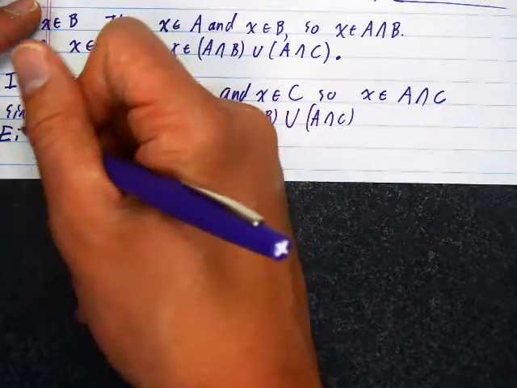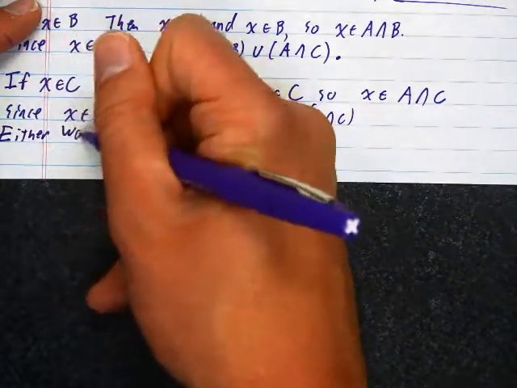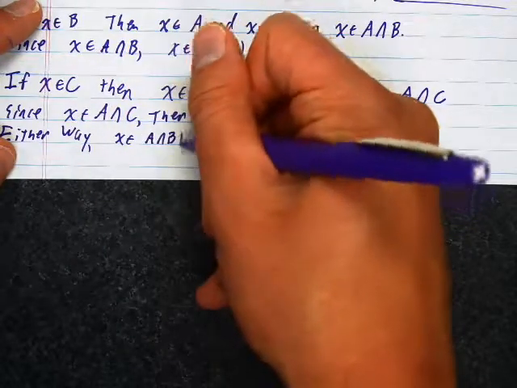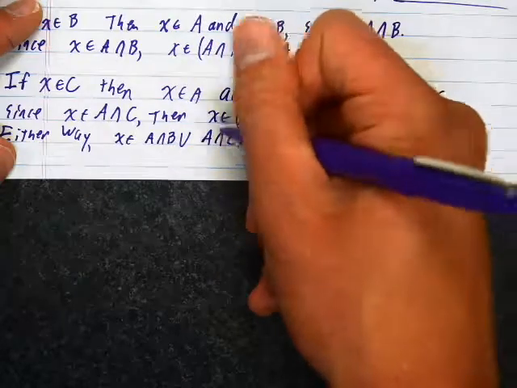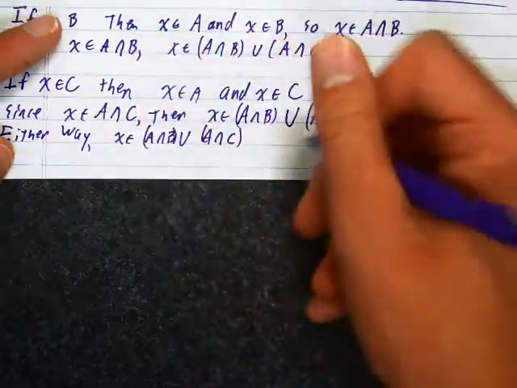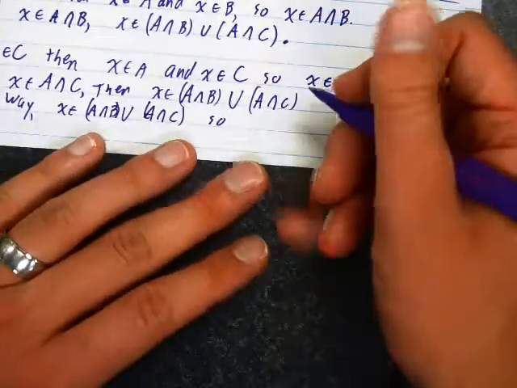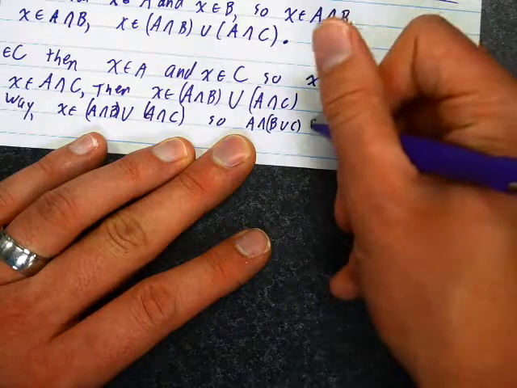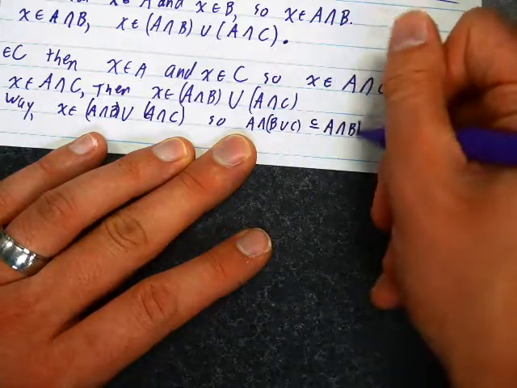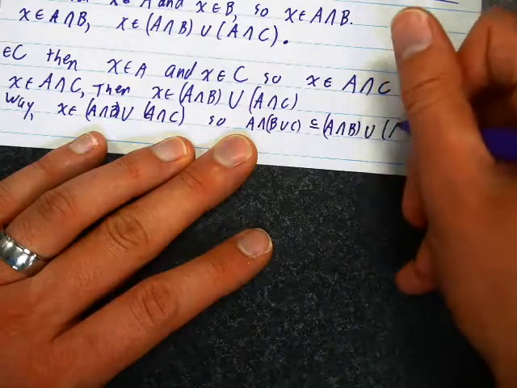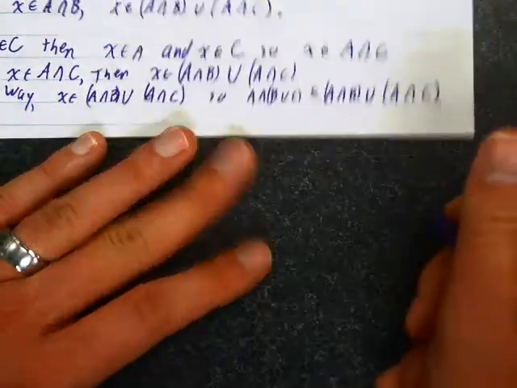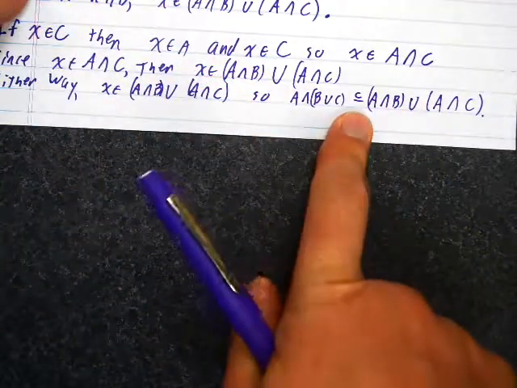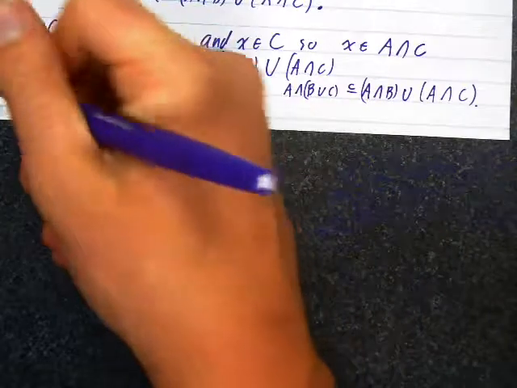So what do we see? We see either way, we get x in A intersect B union A intersect C, parentheses matter. So A intersect B union C is contained in A intersect B union A intersect C. And so, since we proved that this containment happens and that containment happens, what can we conclude?